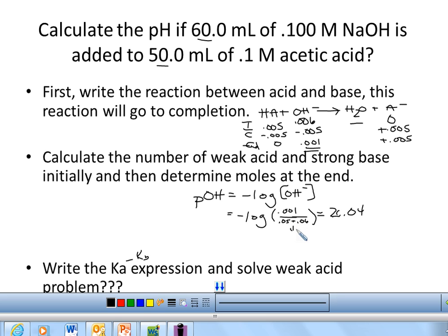Just a sidebar, if you calculated this, you should get about 0.0091 for just that part inside. So 2.04 is the pOH. Now if I want to find the pH, 14 minus that, and the pH is 11.96. If you have strong base in a mixture with weak base, the strong base is going to have the largest effect on the pH. That is all. Good luck.